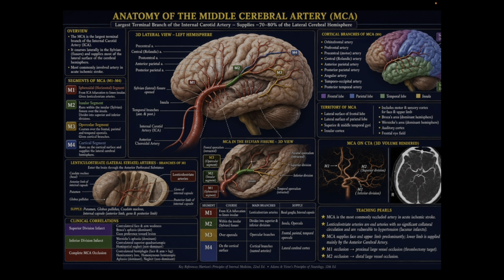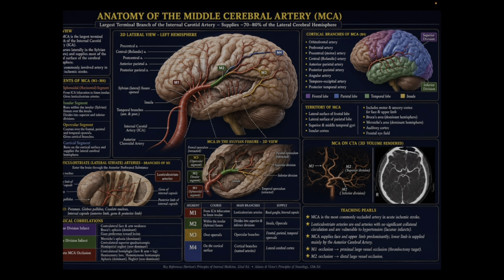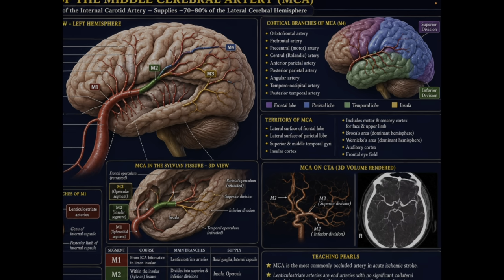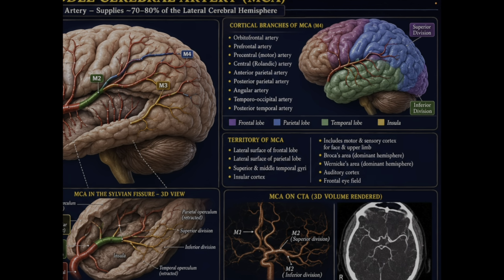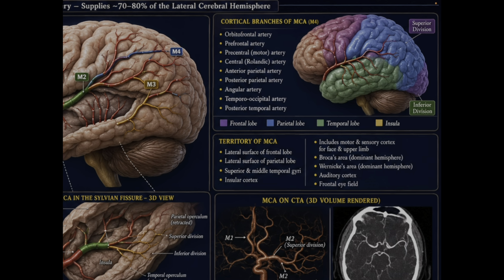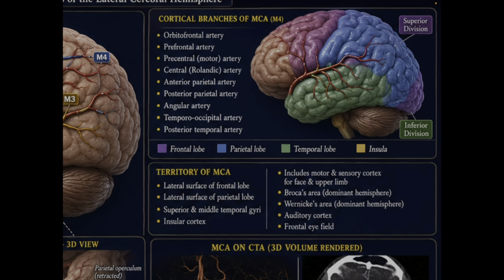These include the orbitofrontal artery, prefrontal, precentral, central or Rolandic, anterior parietal, posterior parietal, angular, temporo-occipital and posterior temporal arteries.